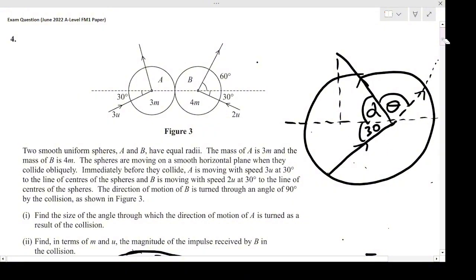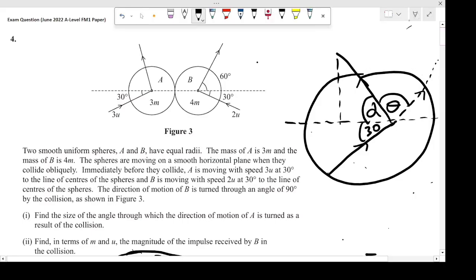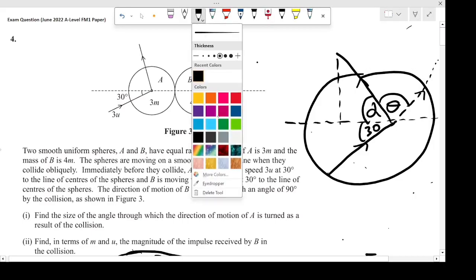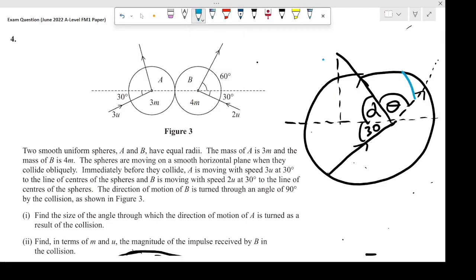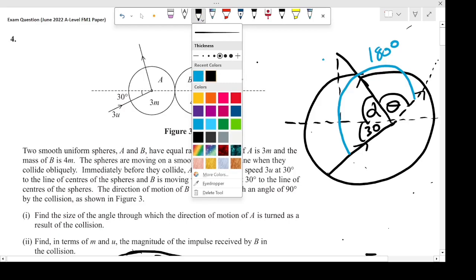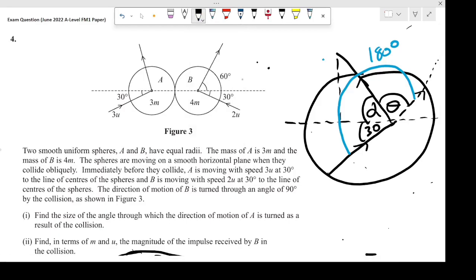This angle's 30. Well, hang on, look at this. Isn't this whole angle here that encompasses theta, alpha and 30 all on the same line? All of it has to add up to 180. And so that's how I can find the angle of deflection theta.